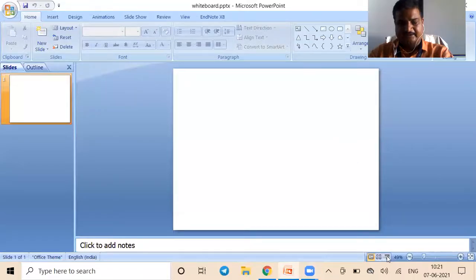Give the heading. This is the second number line.